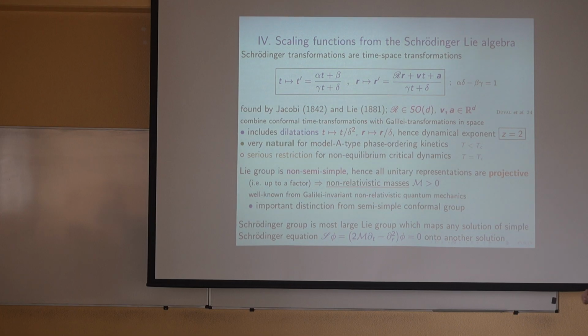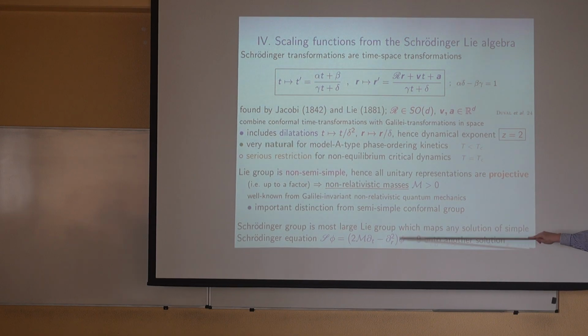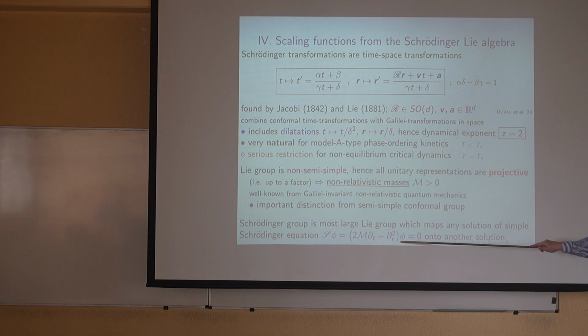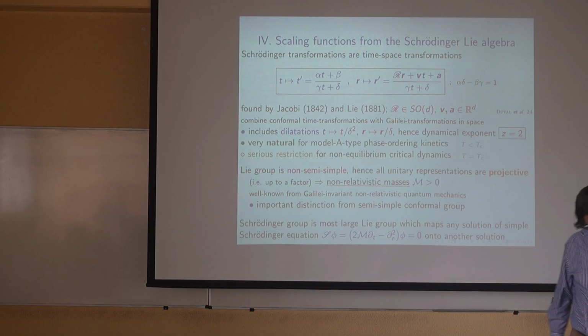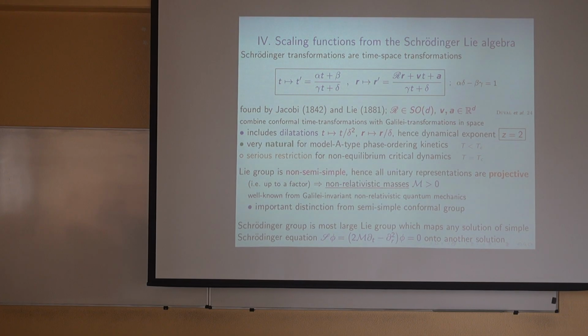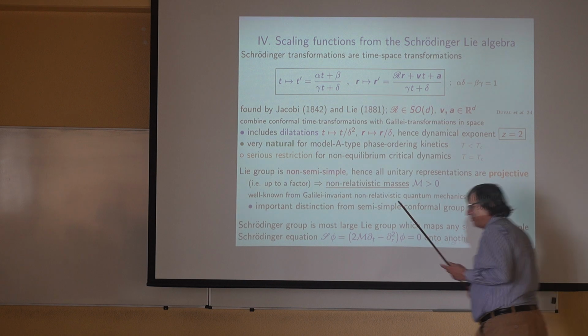And so this is a very important distinction from a semi-simple group, like the conformal group, which is semi-simple and such factors do not exist. The Schrödinger group is indeed the largest finite-dimensional Lie group which maps any solution of the simple diffusion equation into another solution of the same equation. That is also something which these gentlemen already knew.